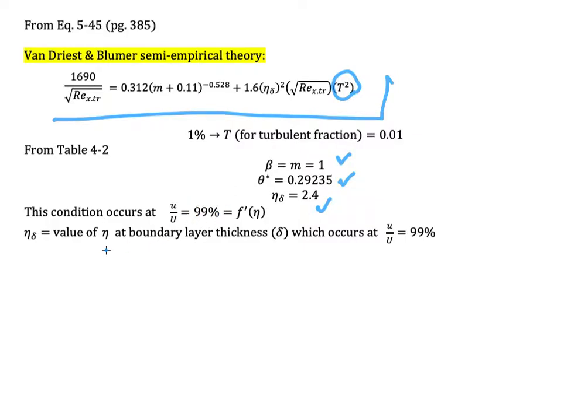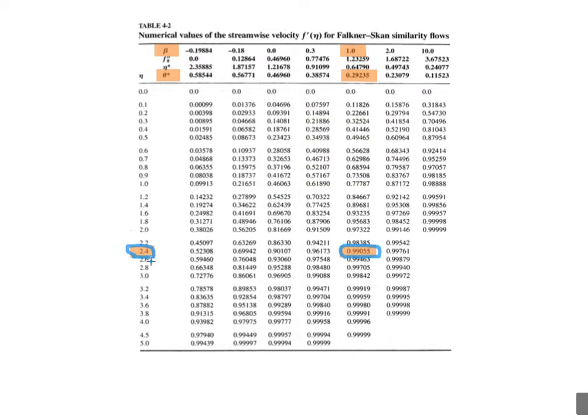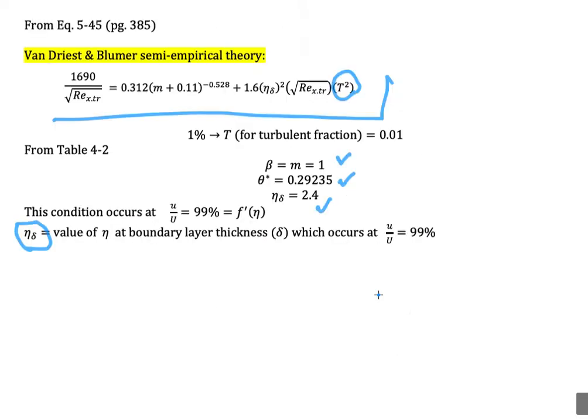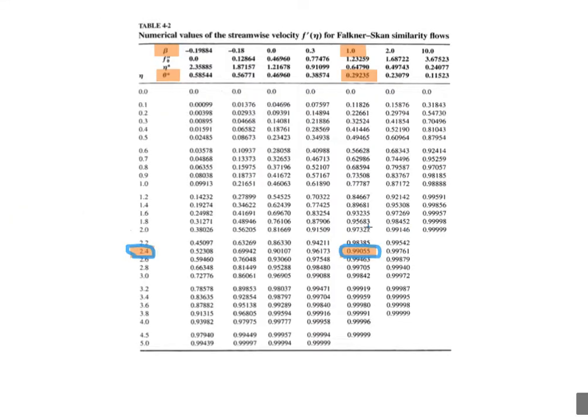That's why in the table we take the value of eta delta here as 2.4. So this is 0.99055, which is what we get from table 4.2.